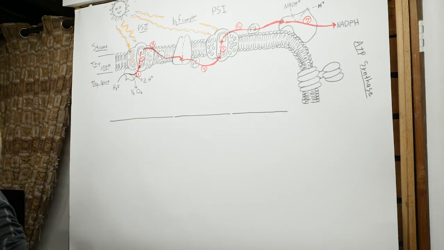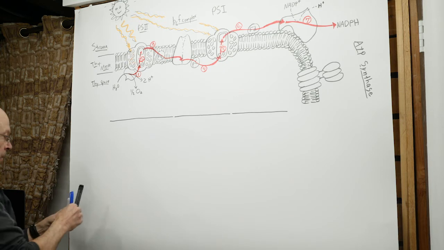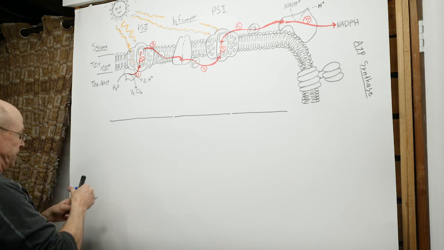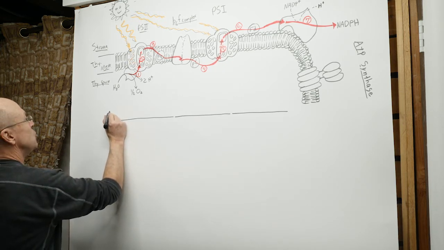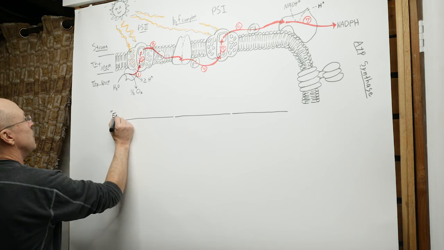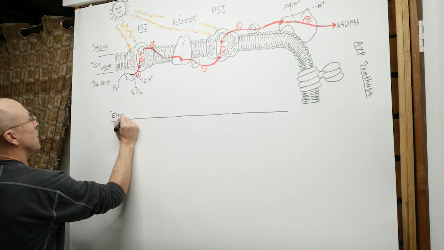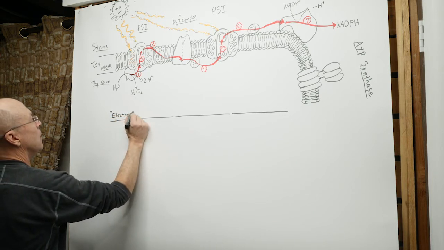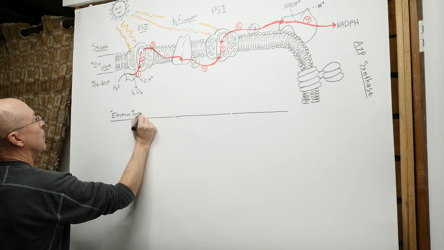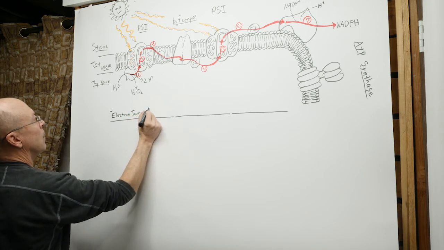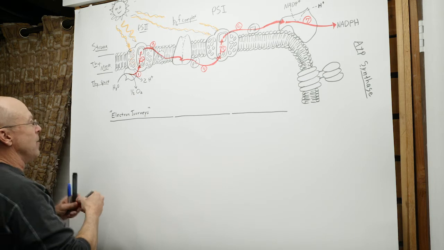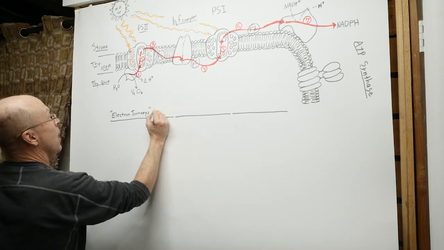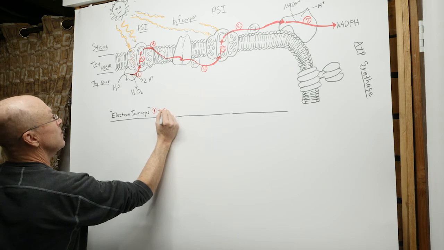So the first column is going to be electron journeys. And therefore I mean from 1 through 7.